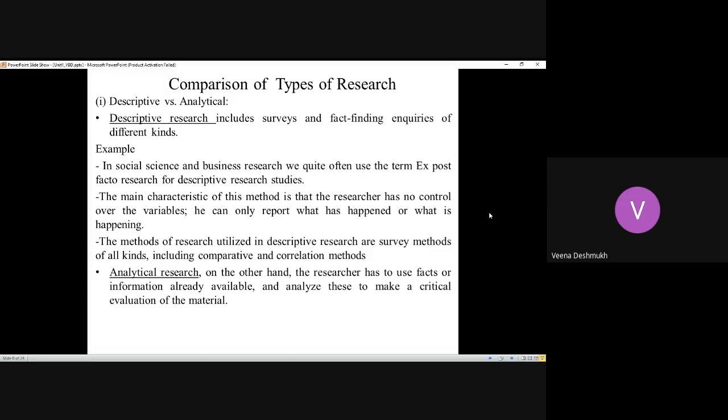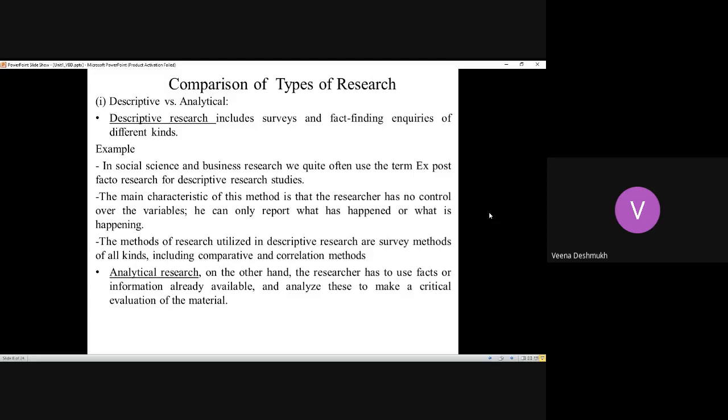But I don't have any control over stopping the export or getting improved quality vegetables here. I'm simply collecting the data on the basis of the facts, or on the basis of my exposure, analyzing it and giving you the facts.